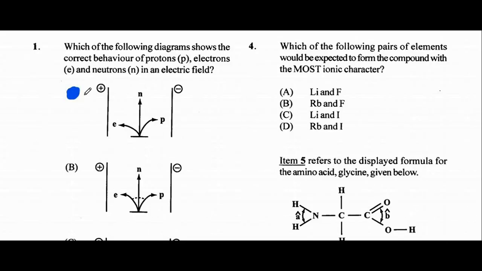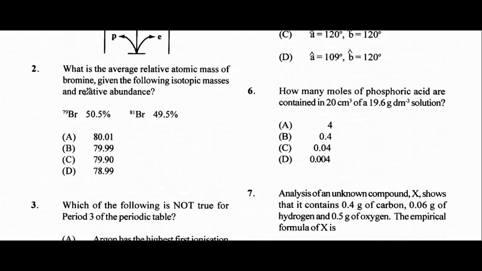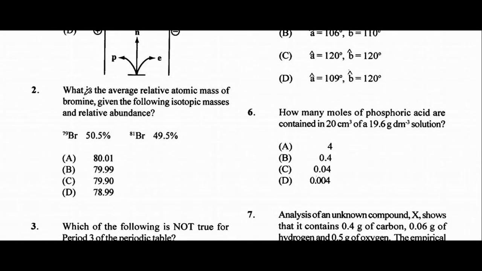So let's continue. This says, what is the average relative atomic mass of bromine given the following isotopic masses and relative abundance?